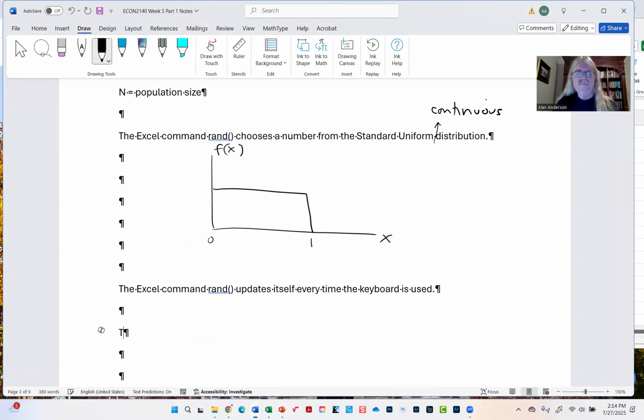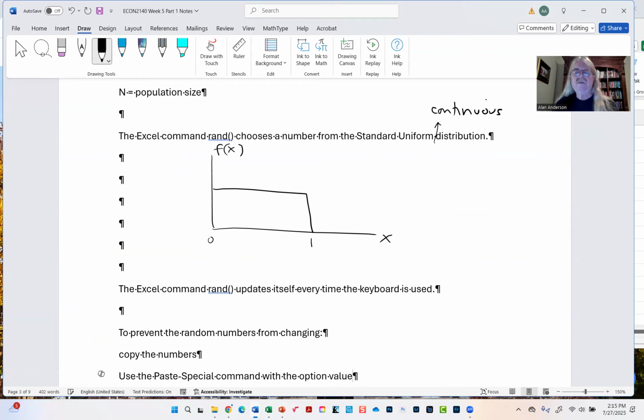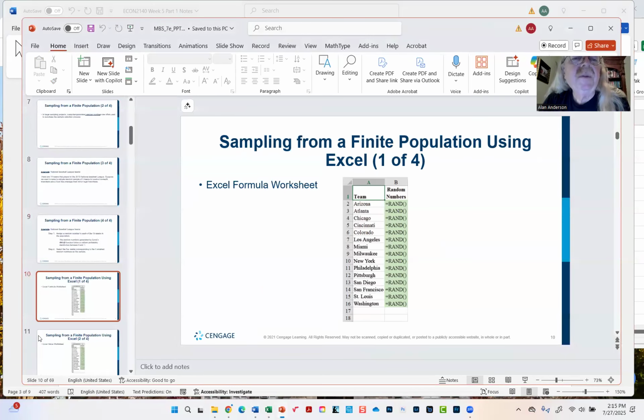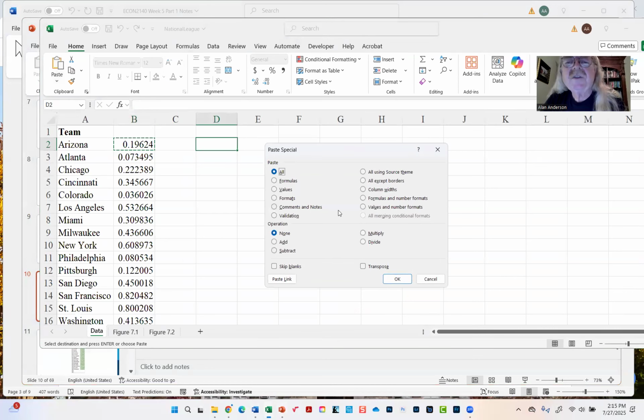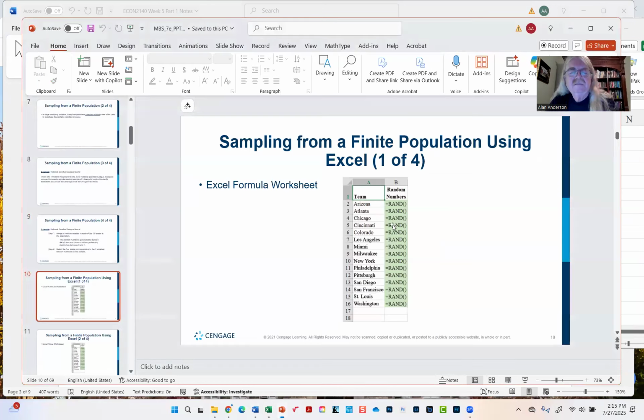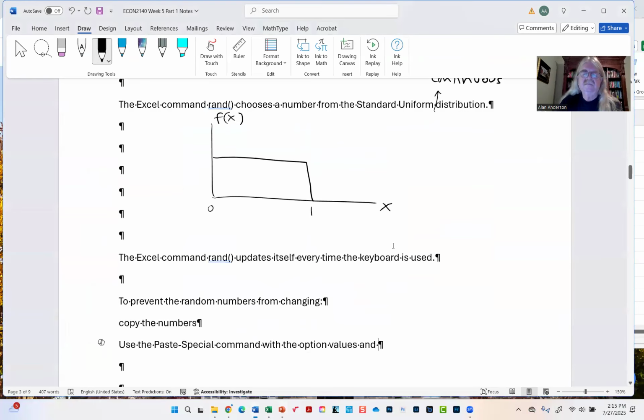To prevent the random numbers from changing, copy the numbers, use the paste special command with the option values and, let me remind myself the exact way it's worded, paste special values and number formats. Okay, so that's one of the quirky things you need to know about.